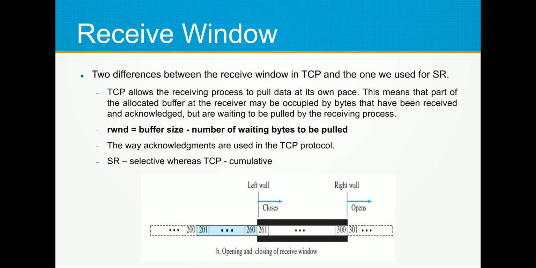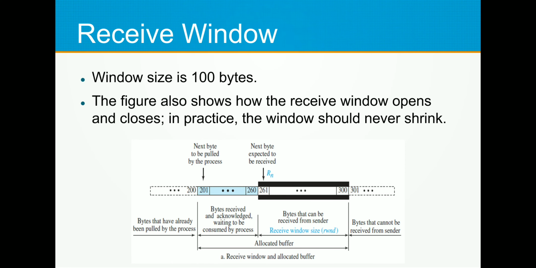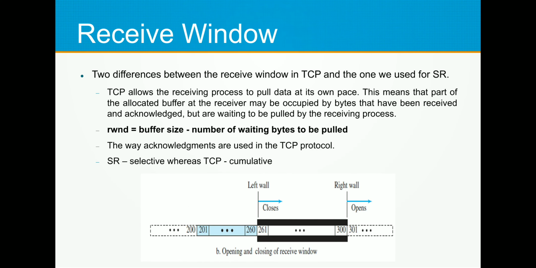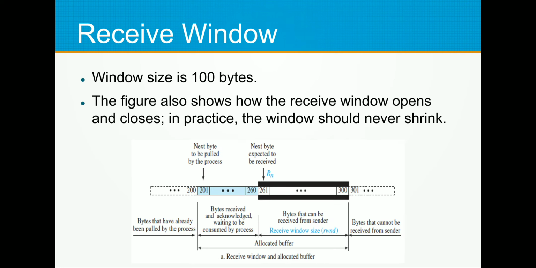So, as discussed earlier, how do we calculate the size of the receive window? The receive window is represented as RWND, which is equal to the total buffer size minus the number of waiting bytes to be pulled.